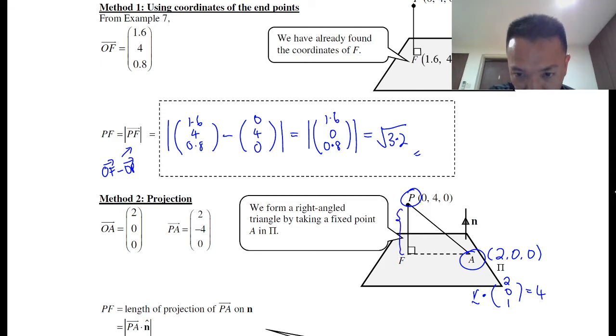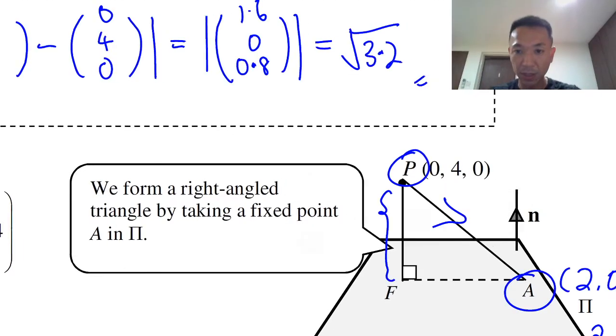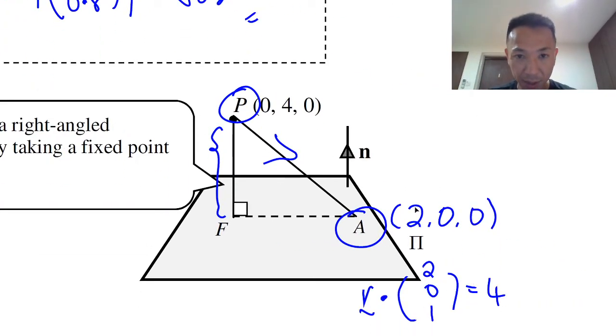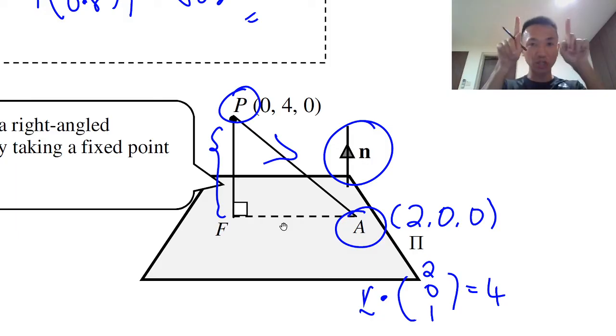Now, the fast way of finding the shortest distance between P and the plane, which is this distance, essentially PF, is to project PA onto the normal vector. And I am only interested in the length of the projection, so I just put a mod sign.